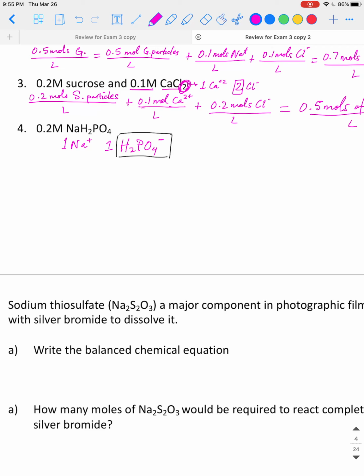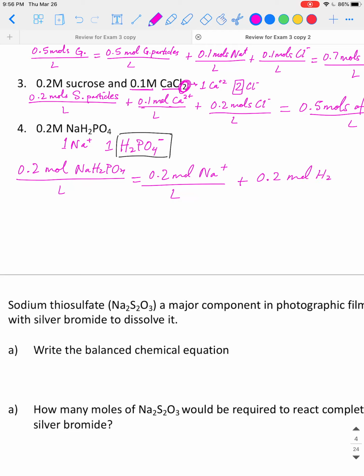So if we're looking at this compound, if we have 0.2 mole per liter of NaH2PO4, we will get 0.2 mole of sodium cations per liter plus 0.2 mole of the anion per liter.